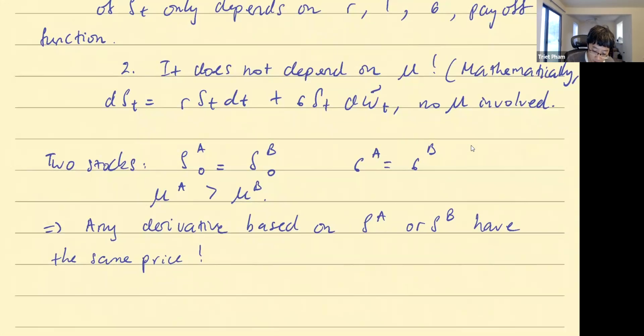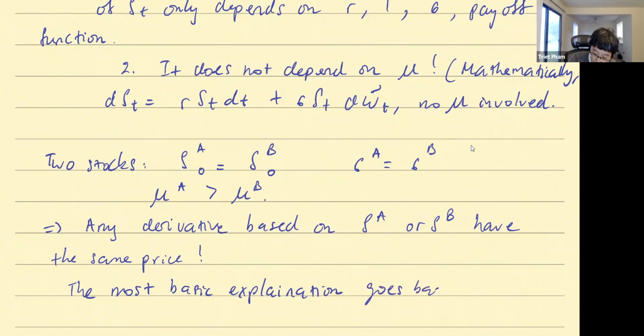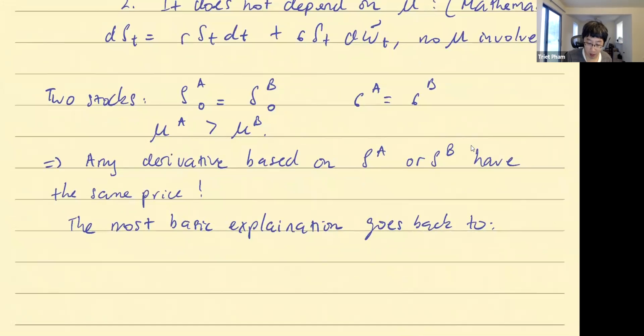The most basic explanation goes back to, okay, if you look at, let's say, two derivatives, the first one pays you one share of stock A at time t.